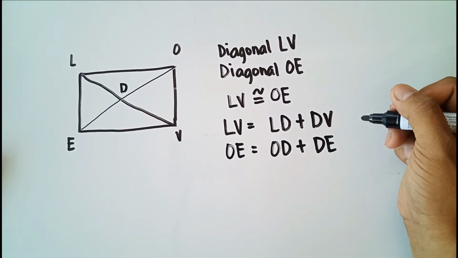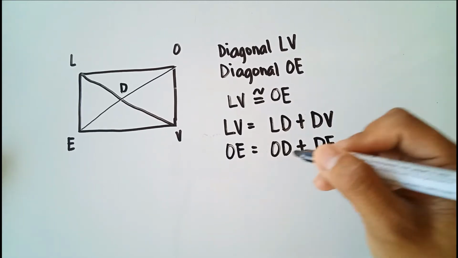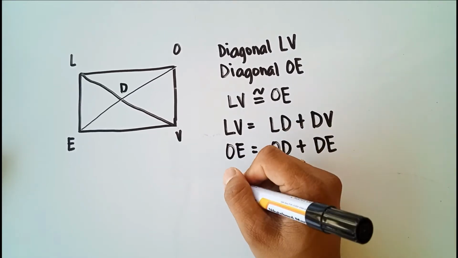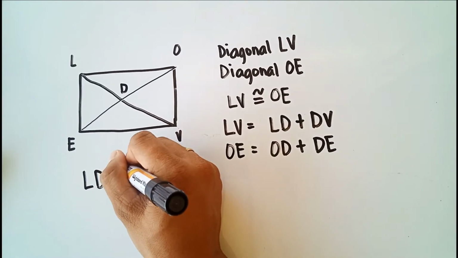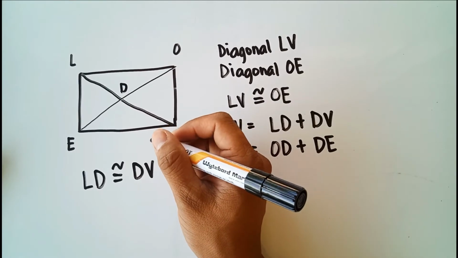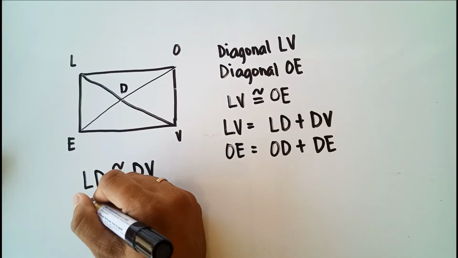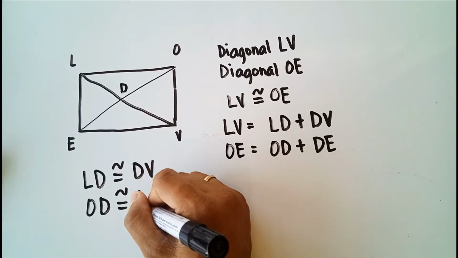Now, since the diagonals bisect each other in a rectangle, we can say that also LD is congruent to DV. Also, OD is congruent to DE.